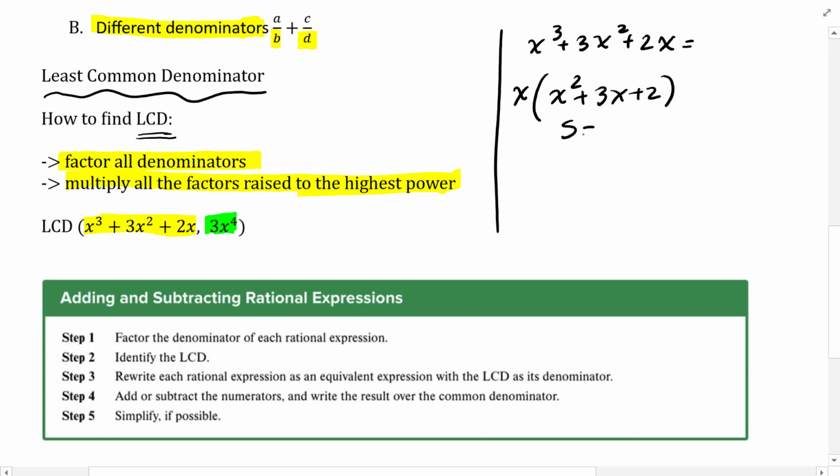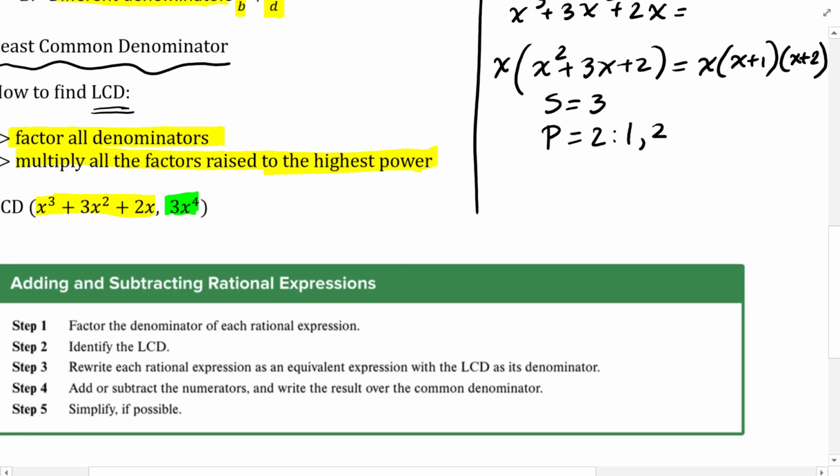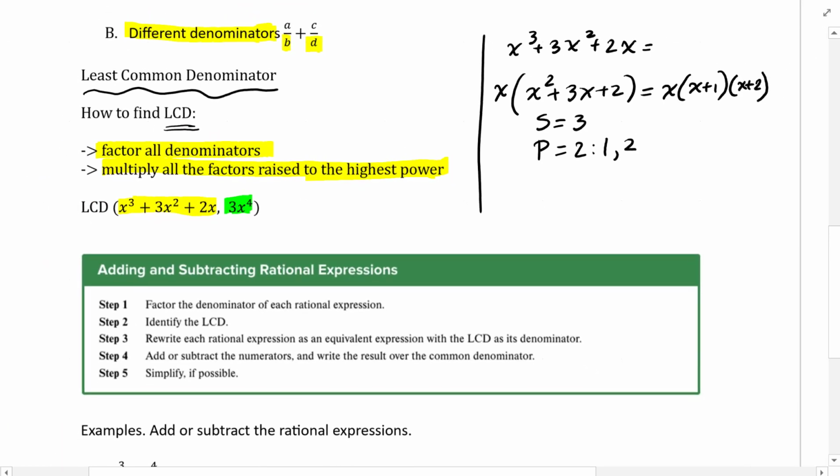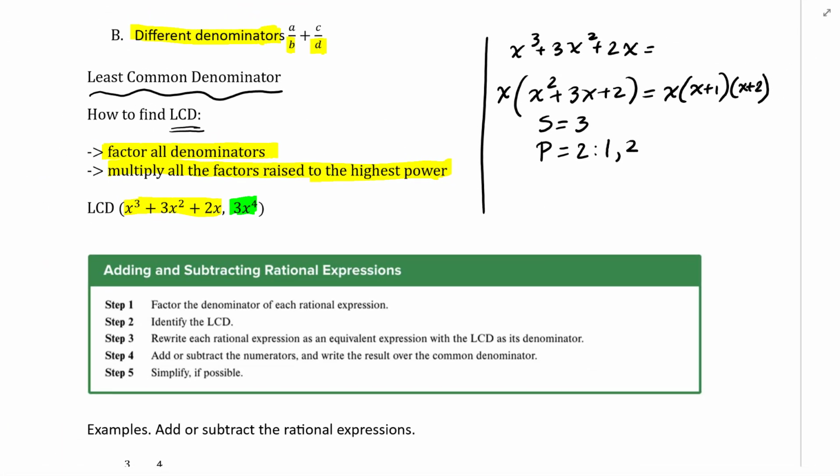Then we are looking for two numbers that have the sum 3 and the product 2. So the two numbers are 1 and 2. That means x times x plus 1 times x plus 2 are the factors of the first term. Now 3x to the 4th, the green one, it's already in factored form.